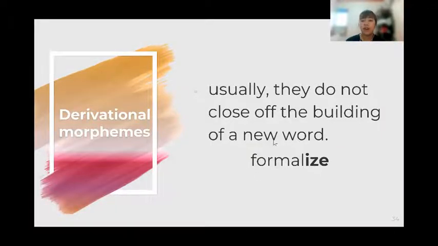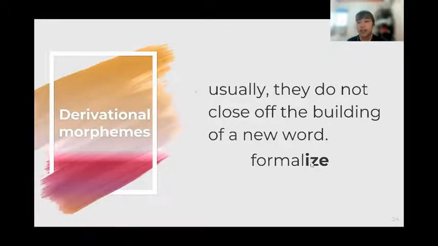We have here your word formalize. So in the word formalize, our base form is formal. As you can see, it's the one that is not bold. So the derivational morpheme here is your IZE. So formal, this is an adjective. Formal is an adjective.